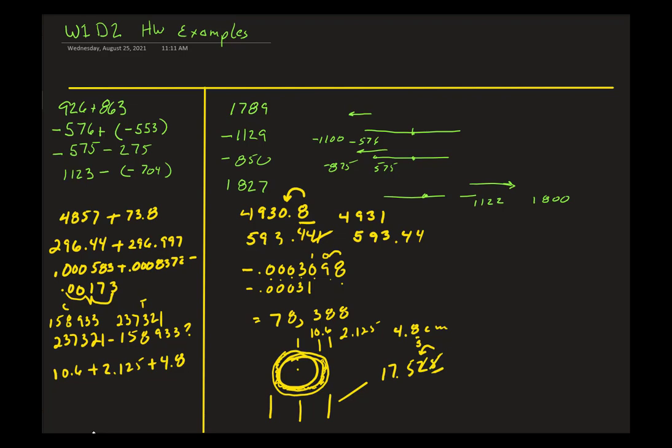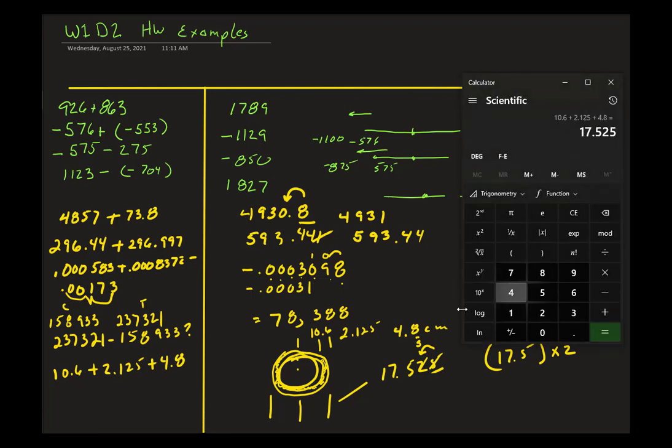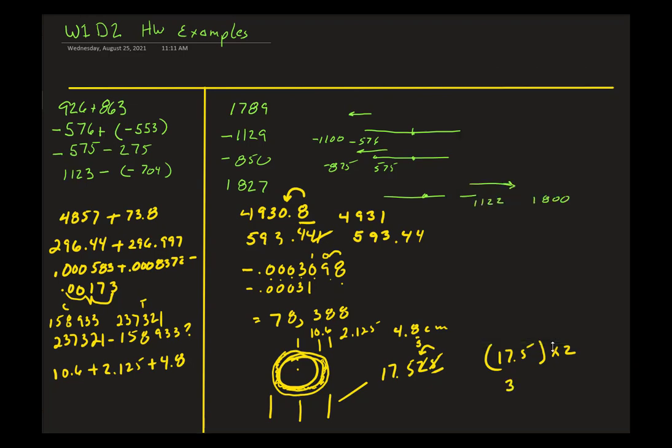So we have 17.5 for halfway. And we're going to multiply that times 2. 17.5 times 2 equals 35.